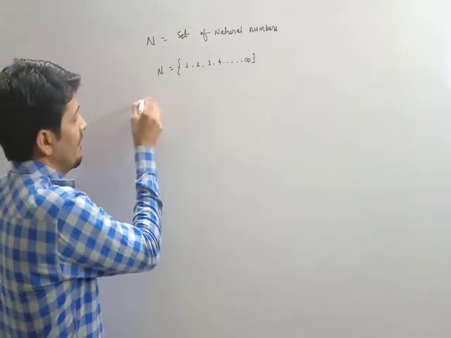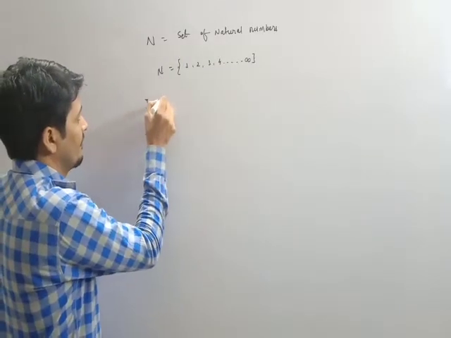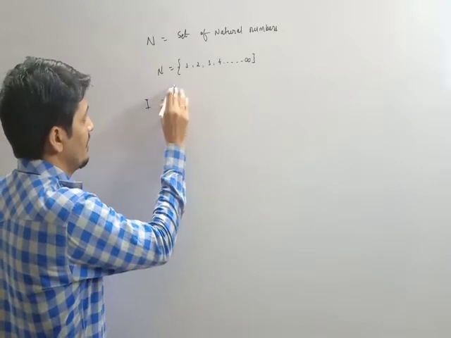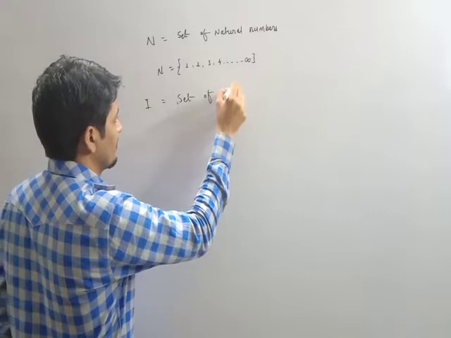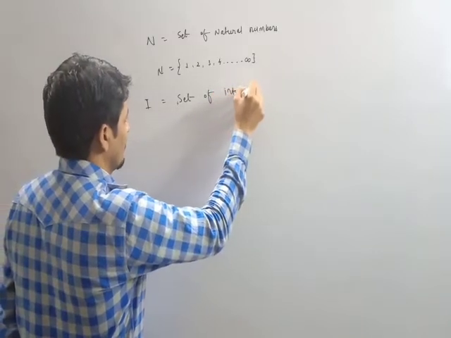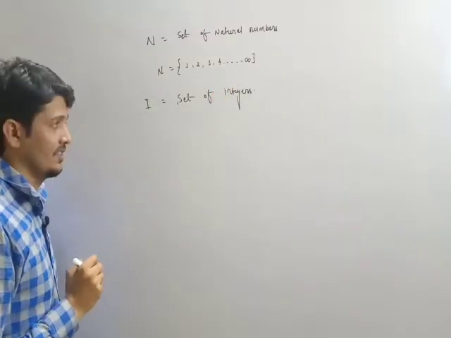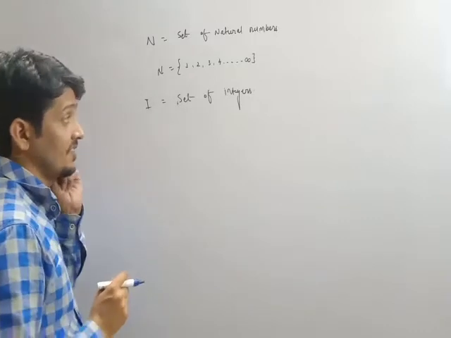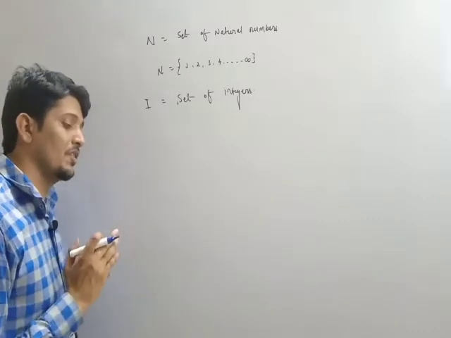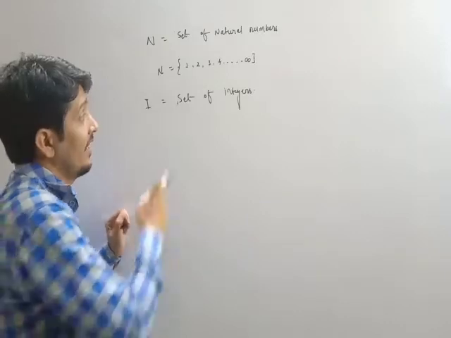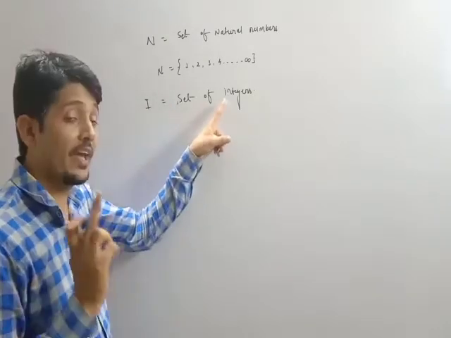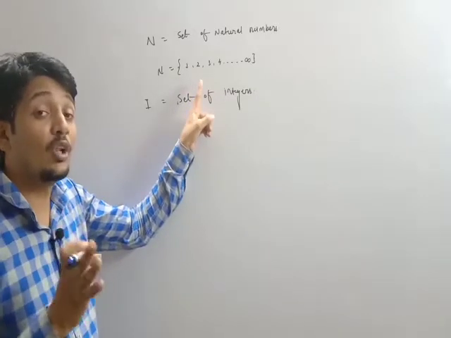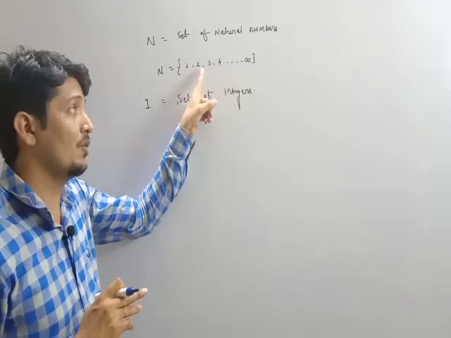One more set we have, I is the set of integers. So what are integers? All the numbers which are present on the number line, including natural numbers. So in integers we have extra 0 as well as all the negative numbers, and we have positive also.